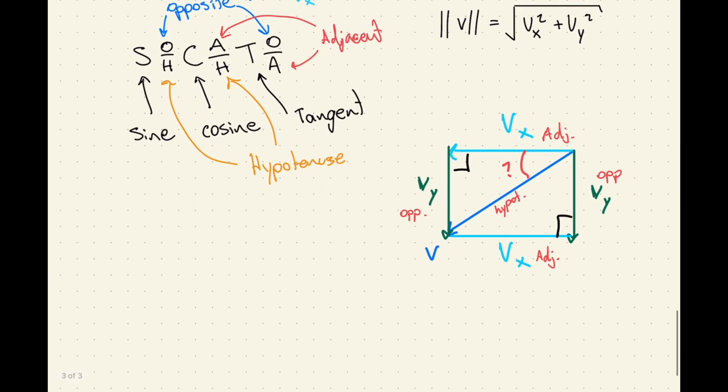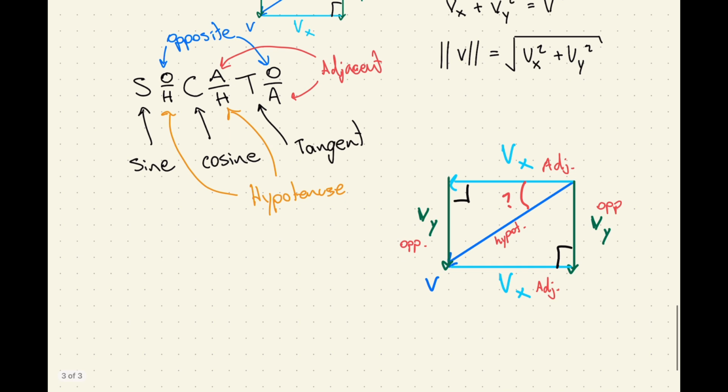So now that we have this set up, we can take a look at sine, cosine, and tangent. The way I like setting these up is I will number them 1, 2, 3 for sine, cosine, and tangent. I look at SOHCAHTOA and I write down the first letter that I see. So here I see sine. Sine normally eats a thing, and the thing it eats is an angle.